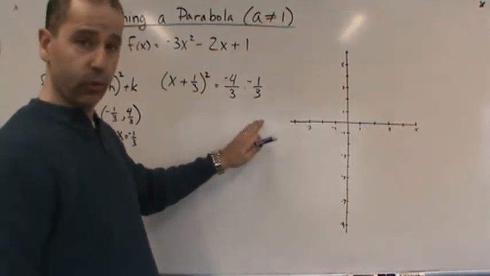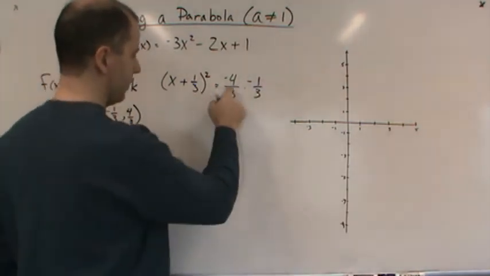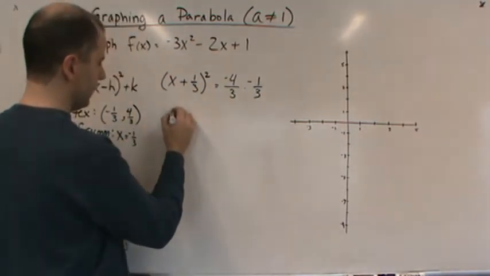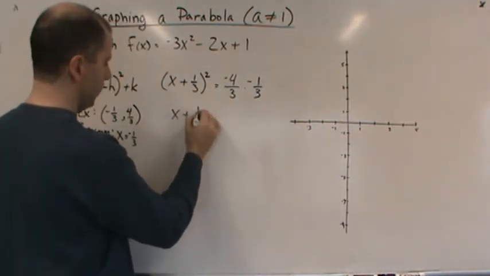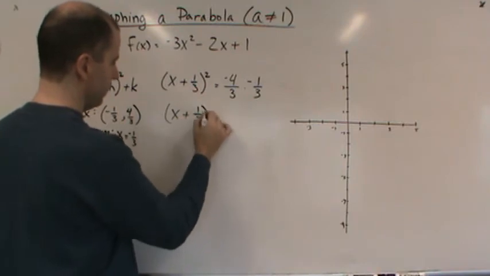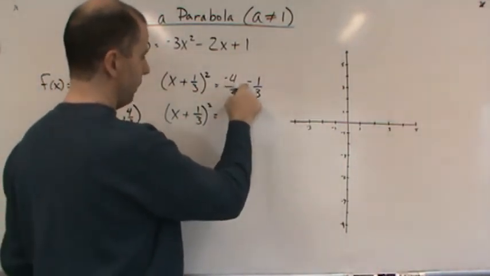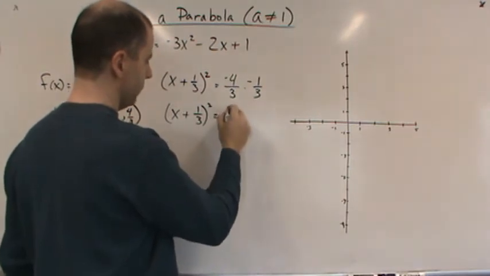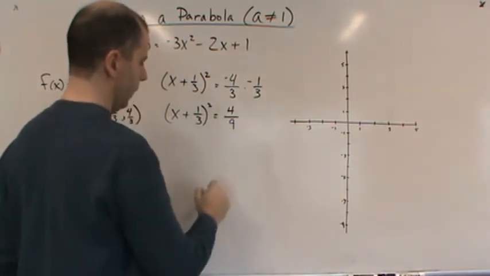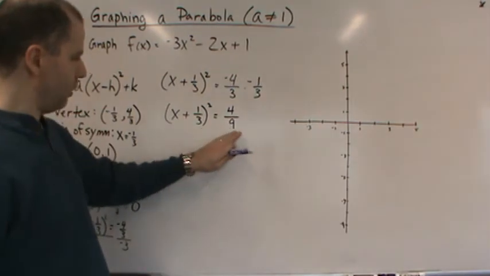Okay, so now look what happens here. This is going to give us a positive, so we're going to get x plus 1/3 quantity squared is going to equal a positive 4/9. And now look what we could do.